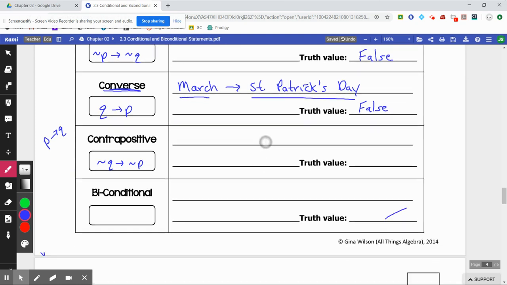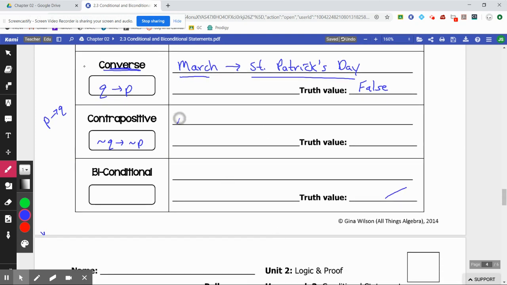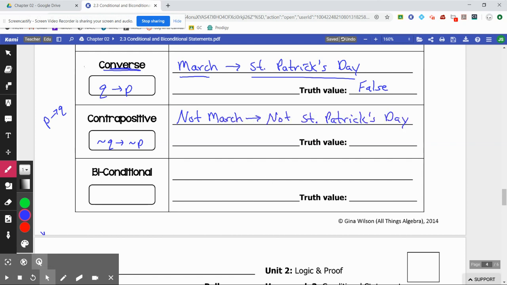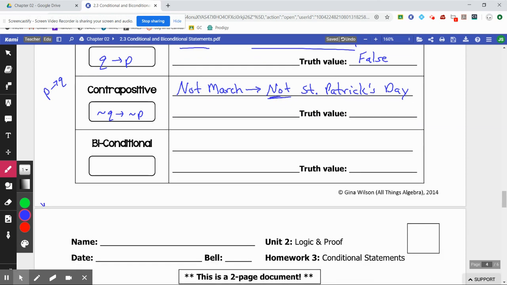So if it is not March, then that would imply that it is not St. Patrick's Day. And as you think about that, if it is not the month of March, if it's April, May, June, July, August, if it's one of the other months, then that would definitely imply that it is not St. Patrick's Day. So that would have a truth value of true.